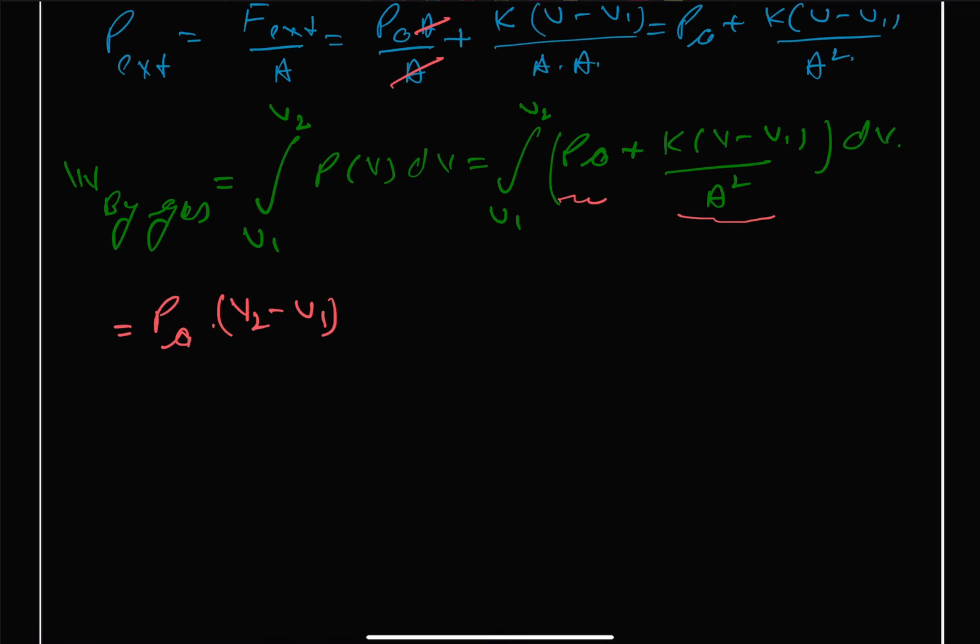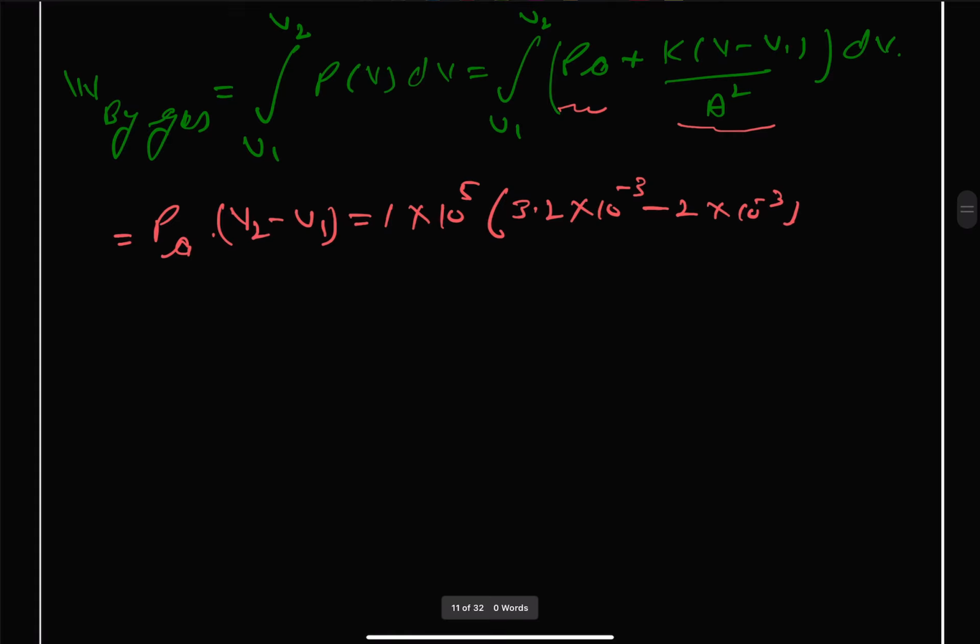So for the first part, we know that P_A is 1 into 10 to the power 5, and V2 minus V1 comes as 3.2 into 10 to the power minus 3 minus 2 into 10 to the power minus 3. So this gives us for the first part 80 joules.